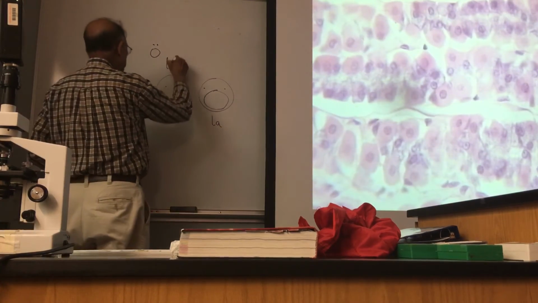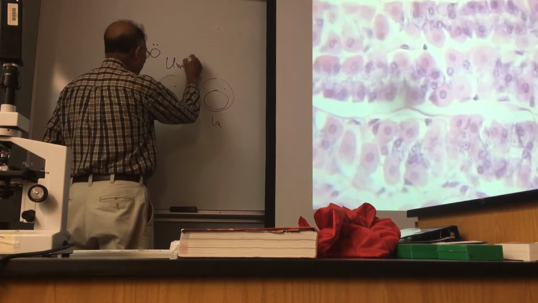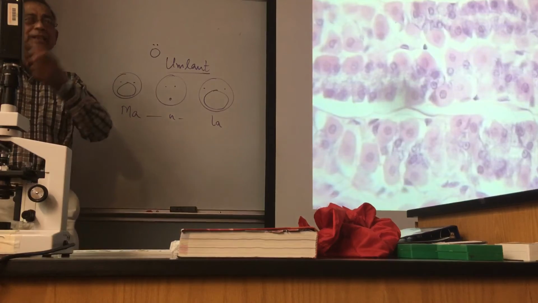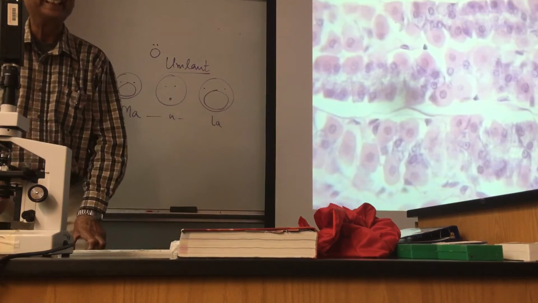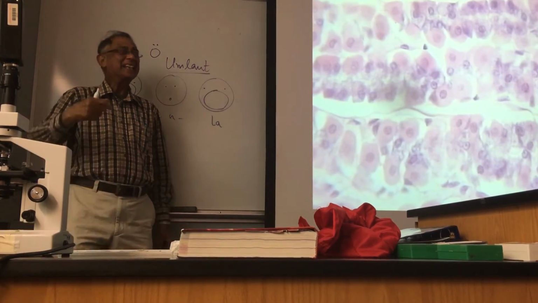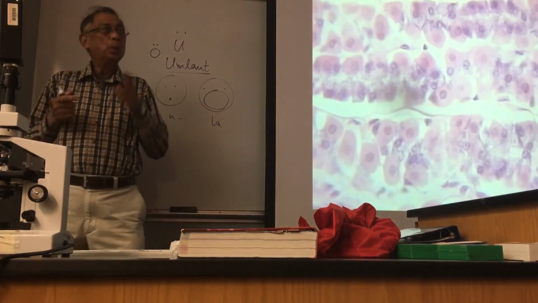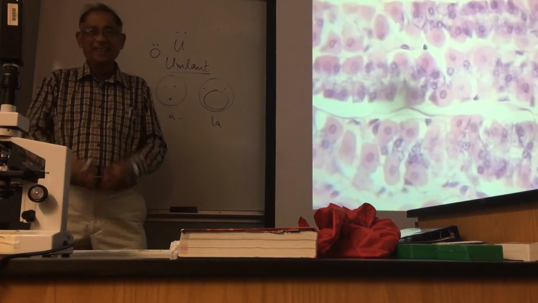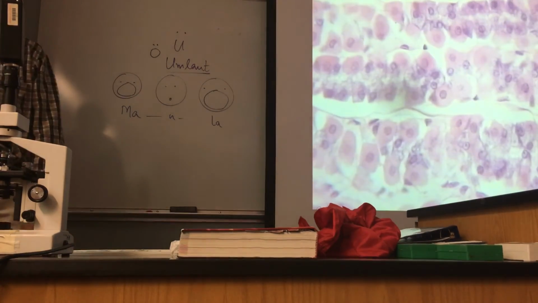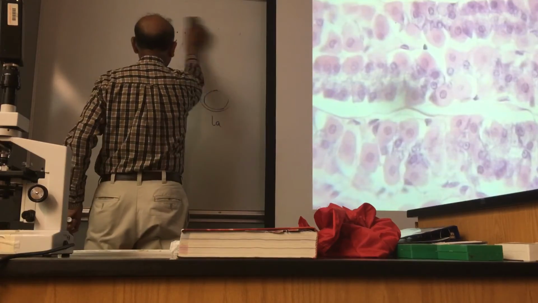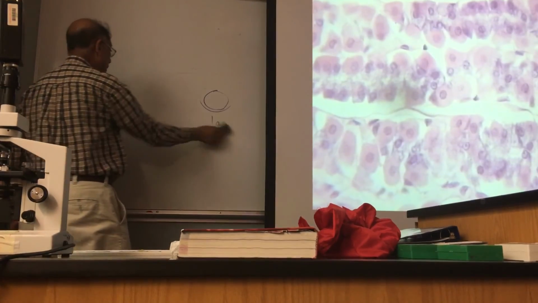Umlaut means change, laut means sound, change of sound. O changes to, and U umlaut here. U changes to. But anyway, those are some tricks I had to learn, you know.